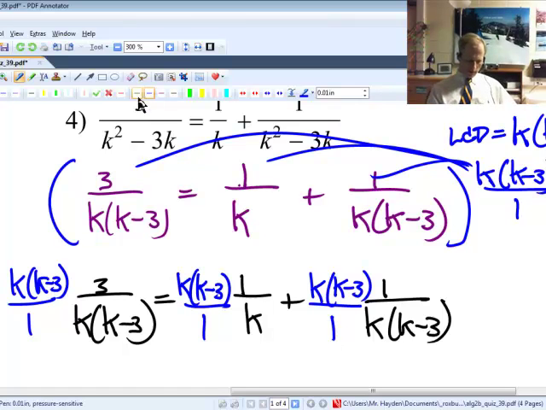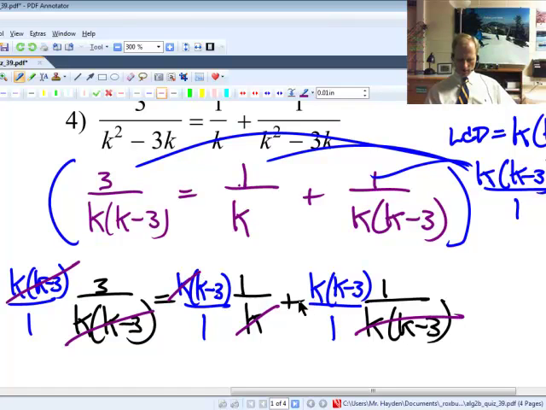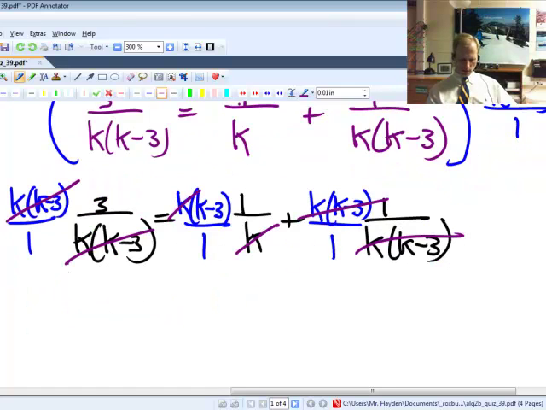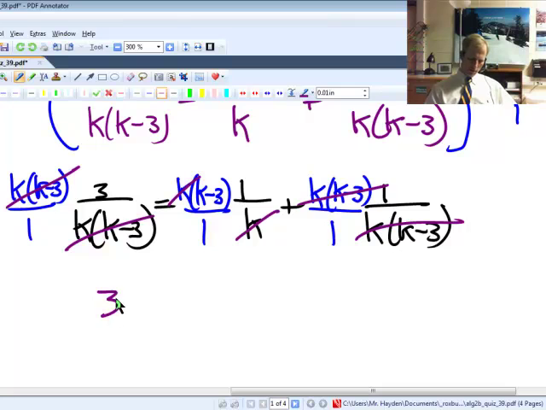Alrighty, let's cross out terms that are in the numerators and denominators. And that's that. So what am I left with? Here I'm left with a 3. Here I'm left with a k minus 3. And here I'm left with 1.